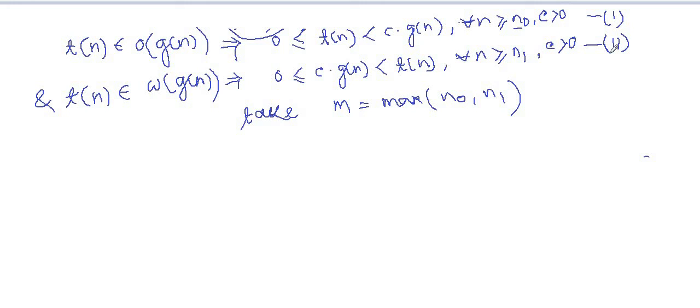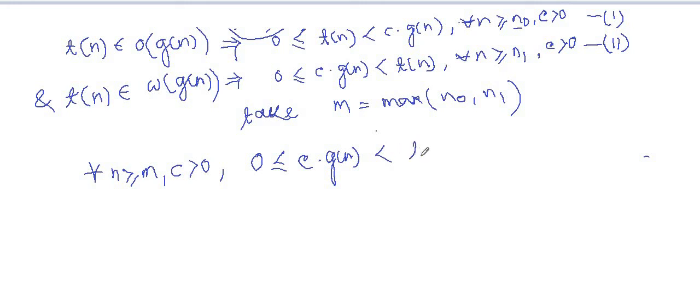Combining these equations, I can write here for all n greater than equals to m and c greater than 0, 0 less than equals to c into gn strictly less than tn, strictly less than c into gn.